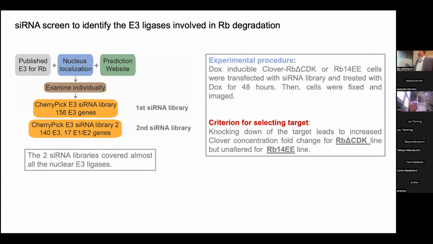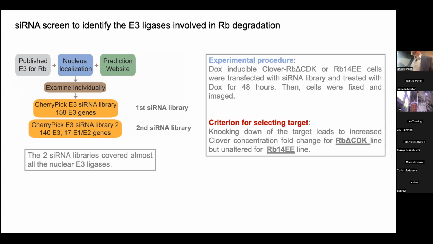To do that, we use the fact that if we make a phosphomimetic RB, where all of the cyclin-dependent kinase sites have been replaced with phosphomimetic mutations, that's stable, right? This is going to be stable in G1 phase, and S/G2 phase doesn't matter. That's always going to be stable and shouldn't really be affected by the knockdown of this E3. On the other hand, if we take an RB allele and mutate all of the phosphorylation sites to alanine, which mimics an unphosphorylated version, then it should always basically be unstable, right?